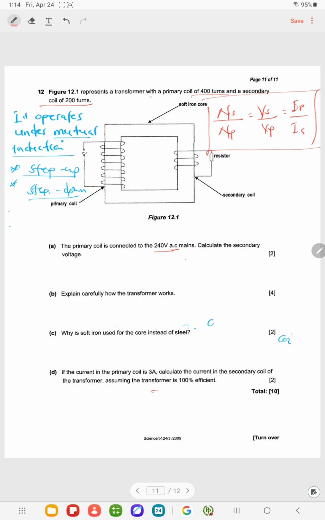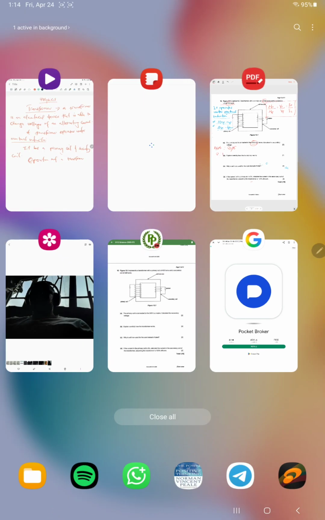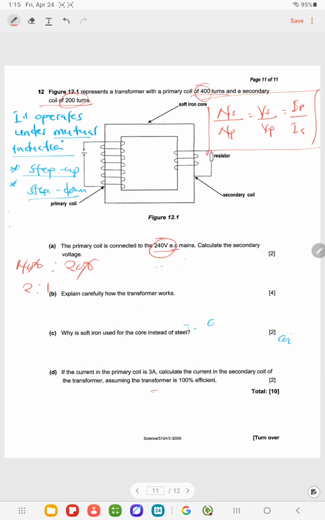The transformer has a primary coil of 400, so primary has 400, secondary has 200. Before we even use the equation, since we have 400 to 200, the ratio is 2 to 1, meaning the ratio for voltage will also be 2 to 1. So what are we saying?